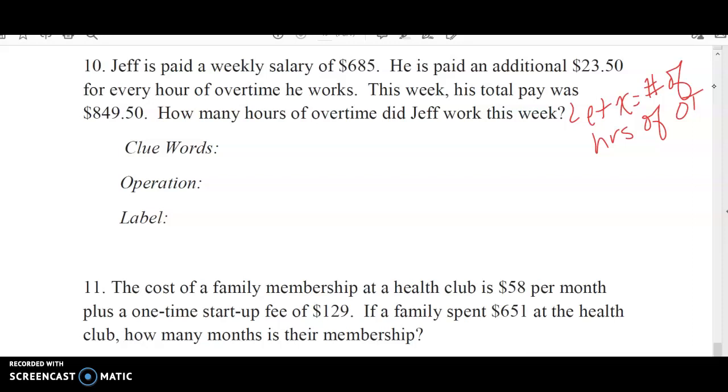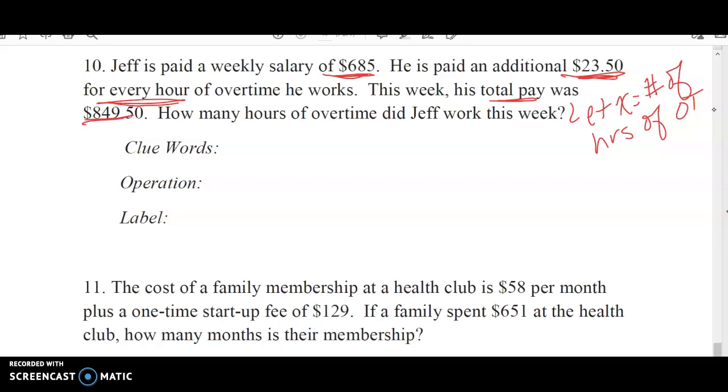So Jeff is paid a weekly salary of $685. So he gets $685 for just working. Doesn't matter how many overtime hours or whatever, he gets $685. He's paid an additional $23.50 for every hour of overtime. This week, his total pay was $849.50.